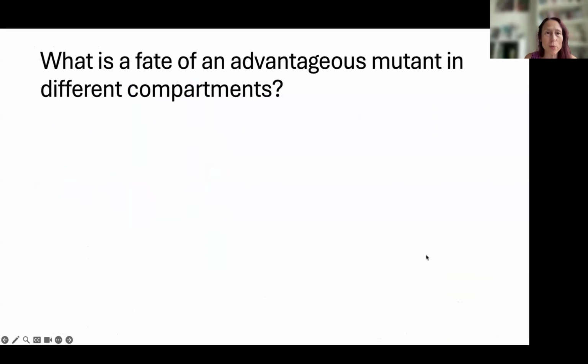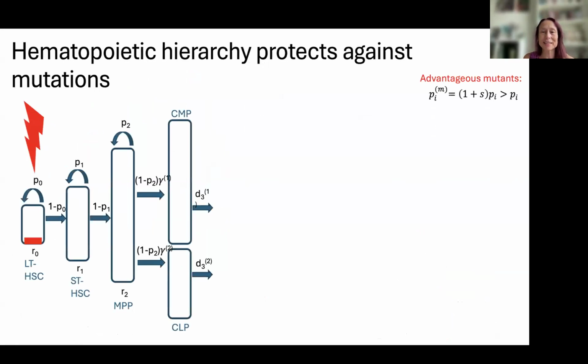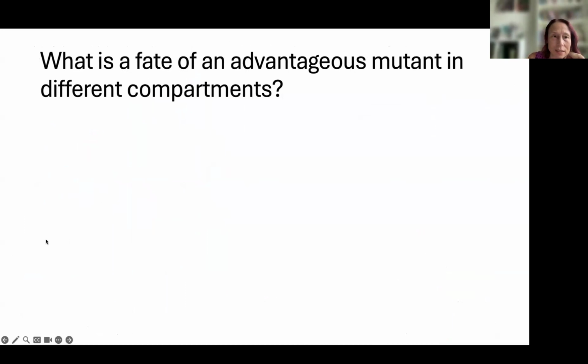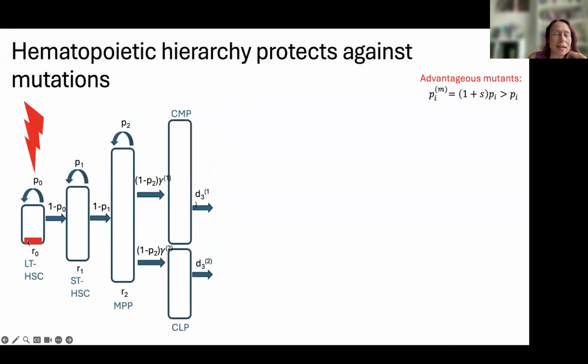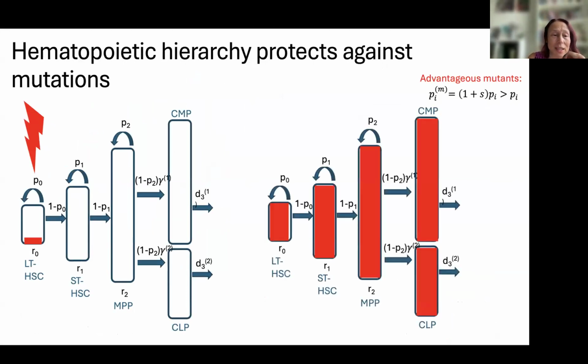So now, what is the fate of a mutant in the different compartments? So let's think about it. Let's suppose I put a mutant that is somewhat advantageous in the very first compartment. What is going to happen? This mutant, by being advantageous, is going to take over this compartment.